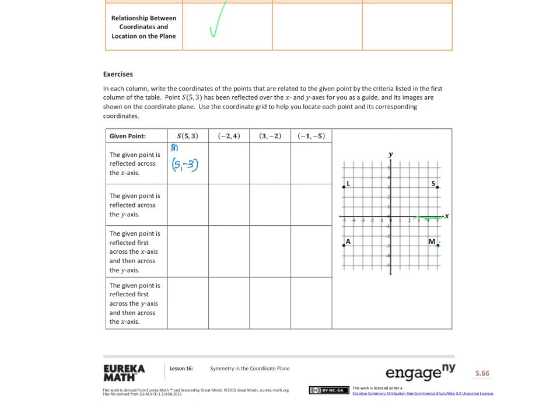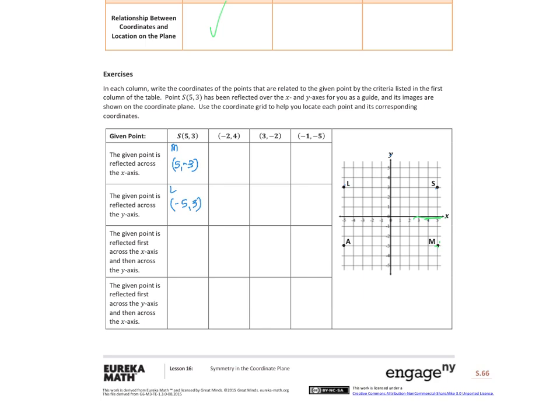The given point S is reflected across the y-axis, so then I end up at L. Reflected, so like a mirror. So now I'm at negative 5, up 3. Okay, I'm going to stay with that point S.